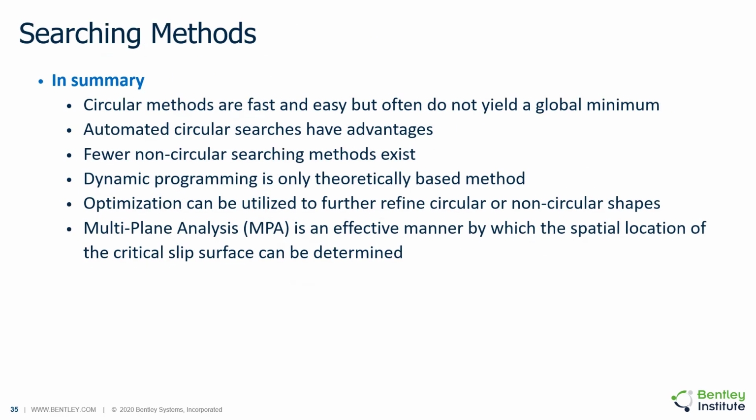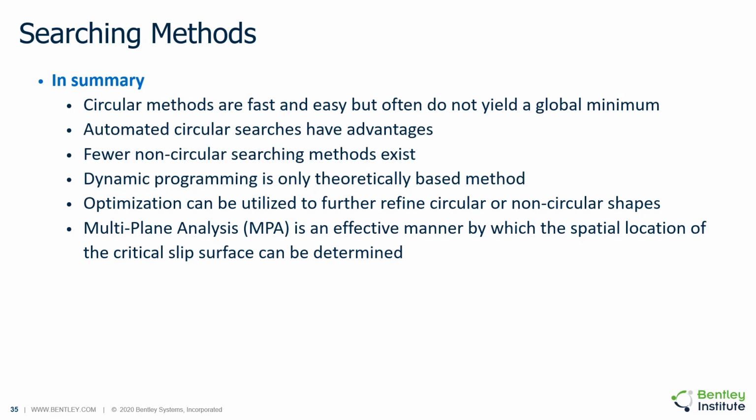So, to summarize the searching methods, circular methods are fast but do not often yield a global minimum. Automated circular searches are simple and automated, but do not necessarily yield the critical slip surface either. Therefore, both automated and non-automated methods should be used for searching.